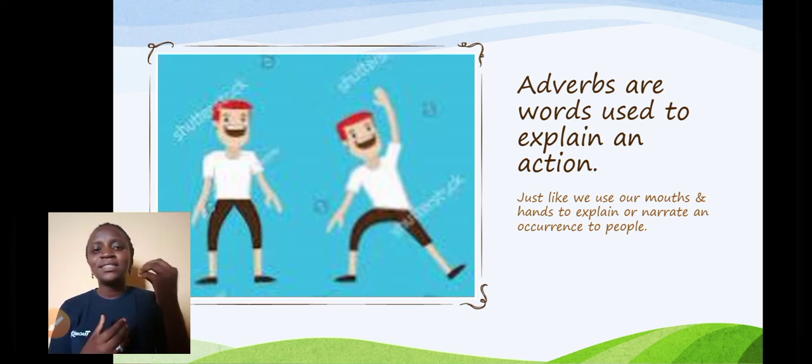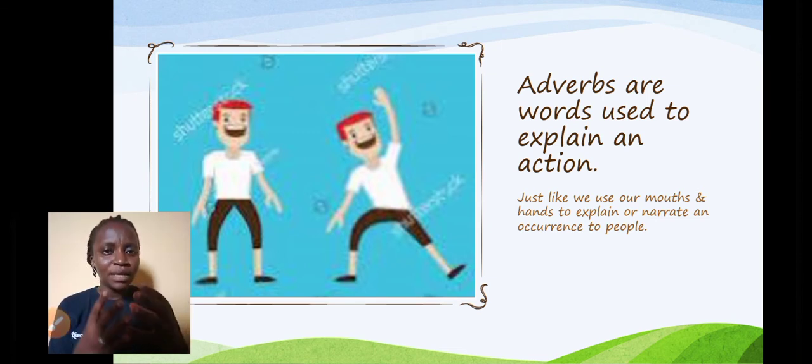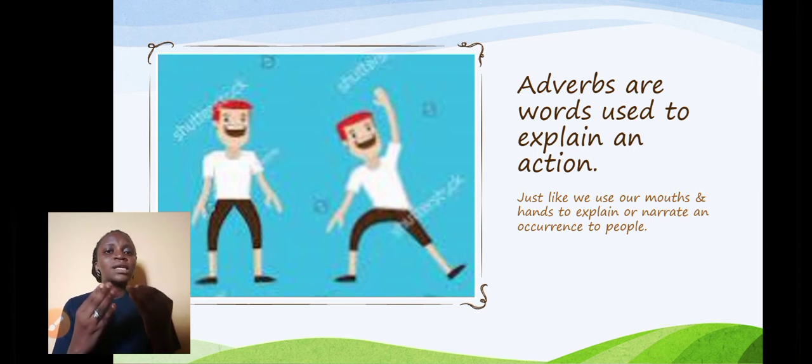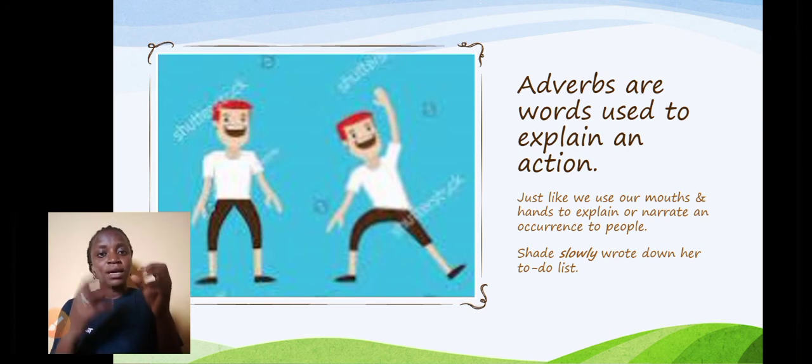That's exactly what adverbs do. They make the verbs have more meaning. They give us deeper meanings of the actions that are being performed by a noun. Can you see how they are interconnected? Just like we use our mouth and hand to explain.